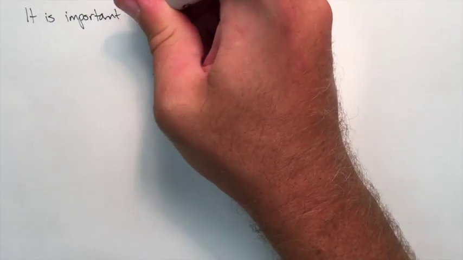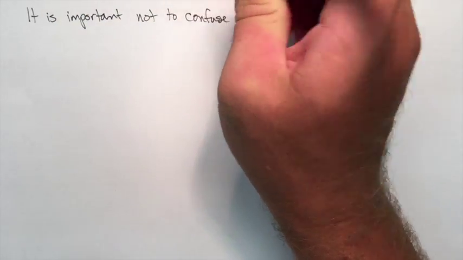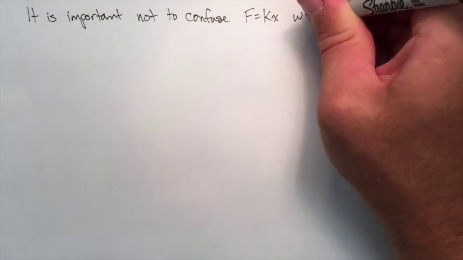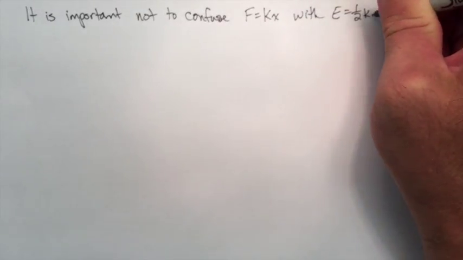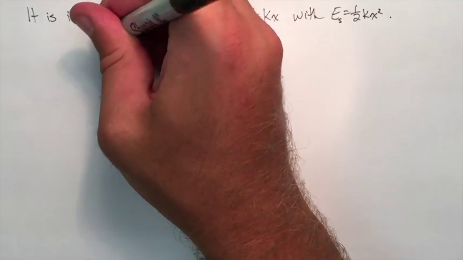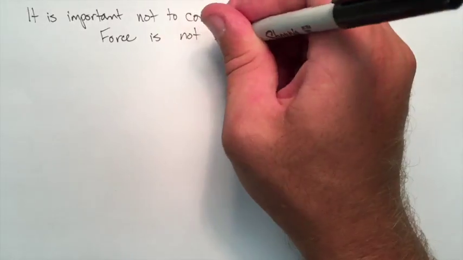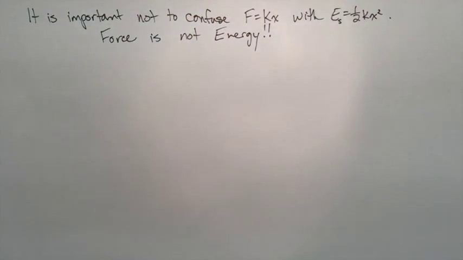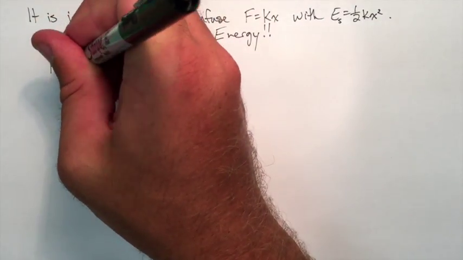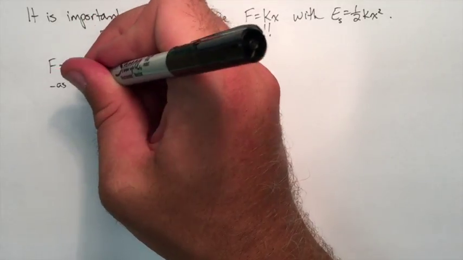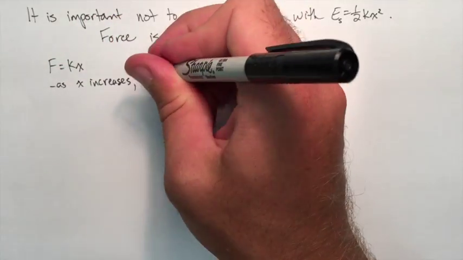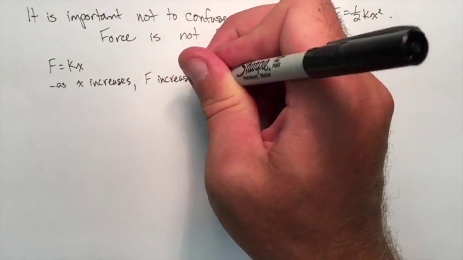If we remember W equals FD, that would mean a joule is equal to a newton meter. So it's important not to confuse the force of a spring with the energy stored in a spring. Force for sure is not an energy. If we look at the different properties of these equations, in F equals kx, as x increases, F will increase proportionally.